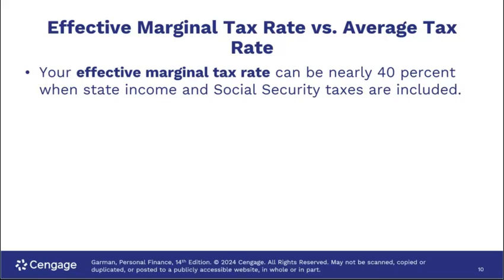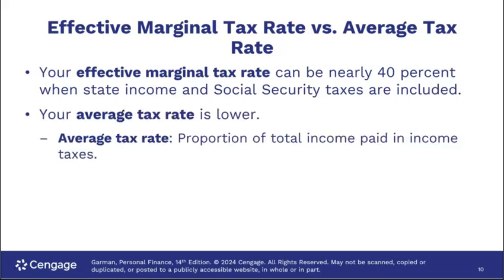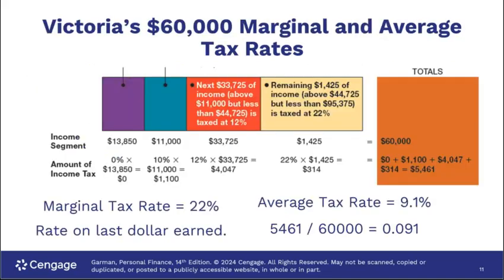But your effective taxes, your tax liability, in our case, we'll divide by taxable income. Most people would divide by gross income, but the average tax rate is lower than your marginal rate because it's the portion of your total income paid in taxes.